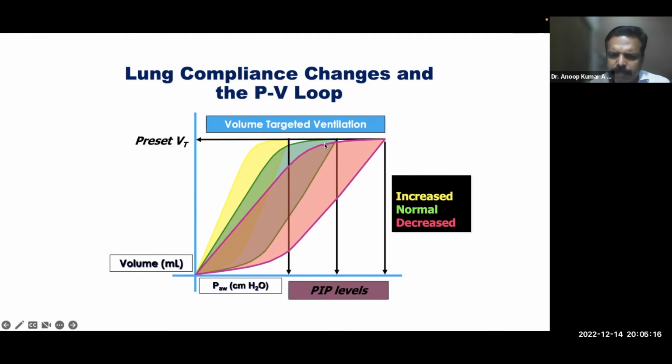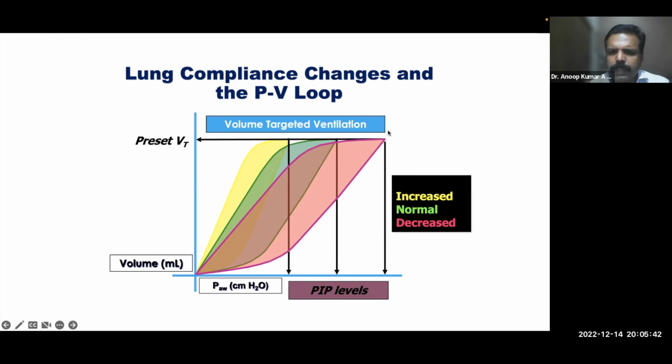At the same time, if after increasing the PEEP it is shifted towards this side, that indicates the compliance is decreasing, or you should not increase the PEEP that much. That is how you utilize the PEEP to titrate, by looking at the PV loops and assessing the compliance.